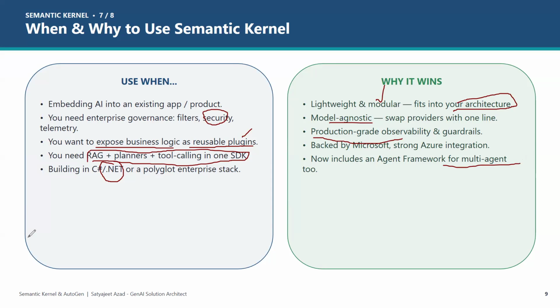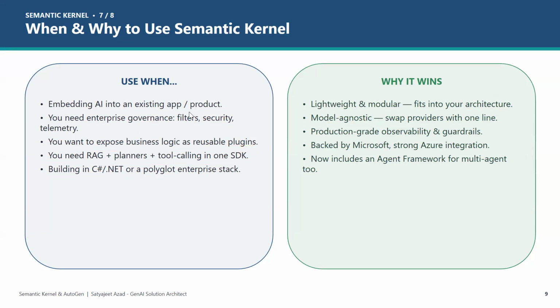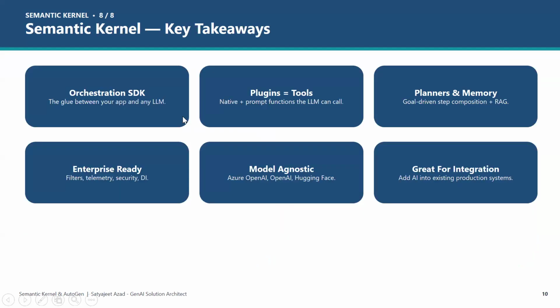If I have to classify Semantic Kernel, I would say it is more for enterprise-level applications that need that kind of orchestration. If you summarize it, when you say plugins, it is nothing but the tools that we talk about, so don't get confused with the plugins.